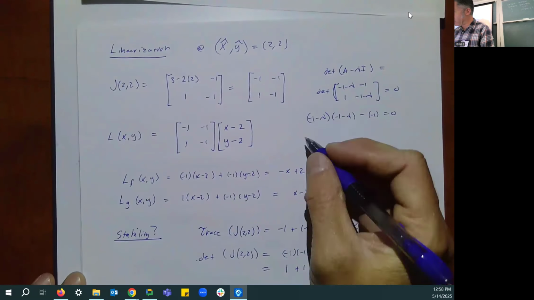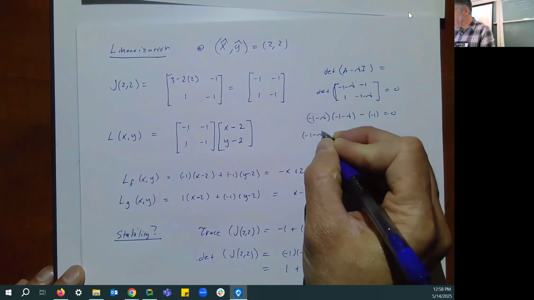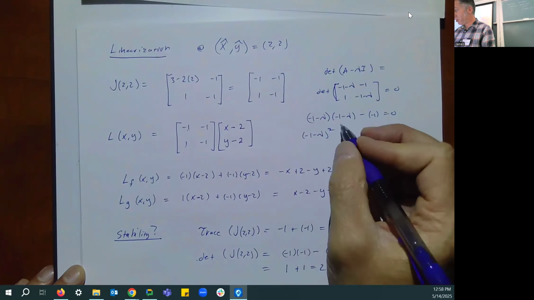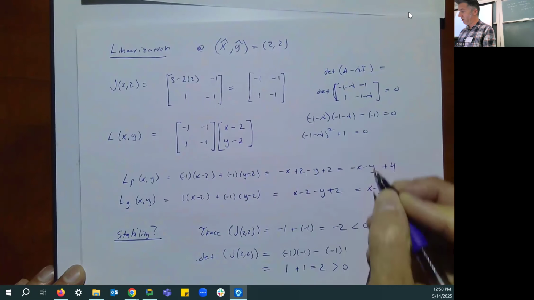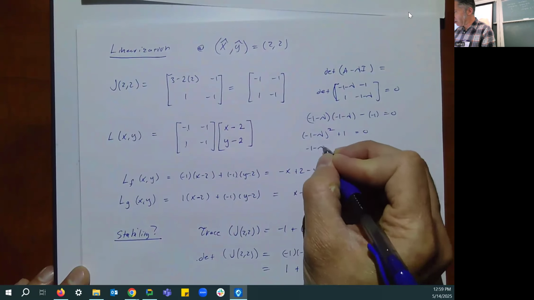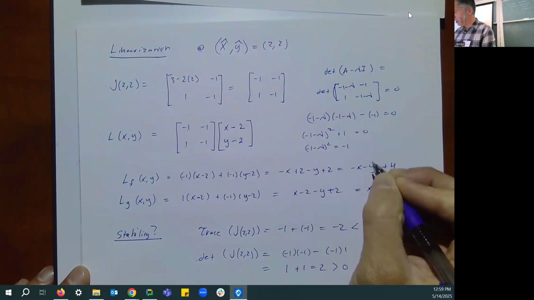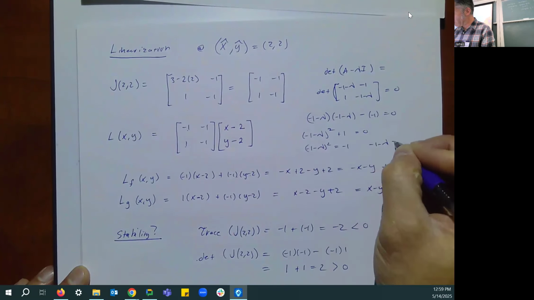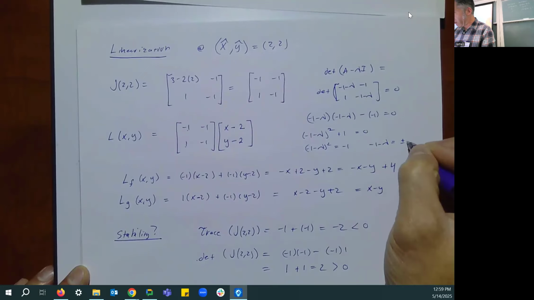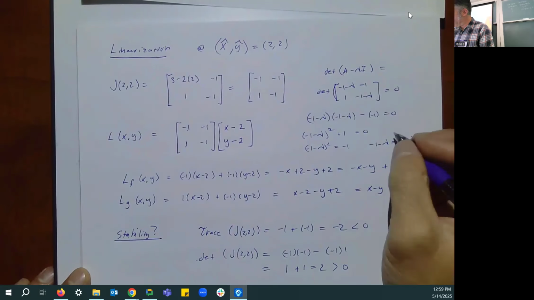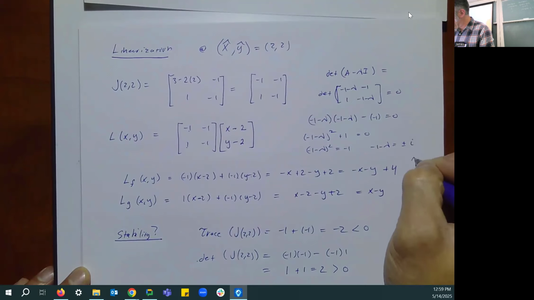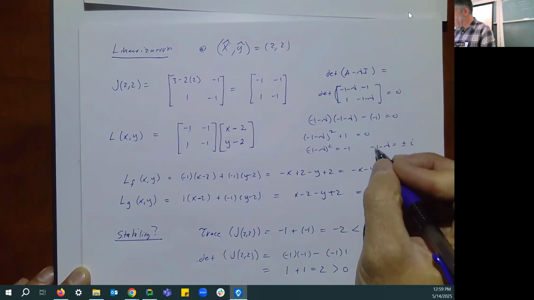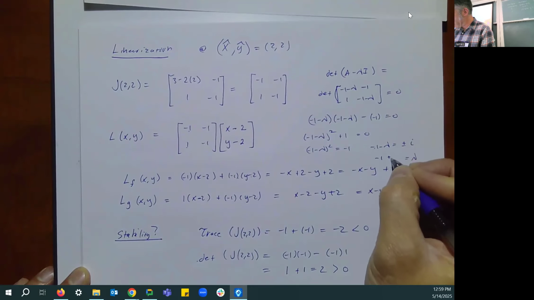So you can do the easier thing of saying -1 minus lambda squared plus 1 is equal to 0. So then -1 minus lambda squared is equal to -1, and -1 minus lambda is equal to plus or minus the square root of -1, which is i. So then lambda, sorry, and I'm squeezing this in here, is equal to -1 plus or minus i.